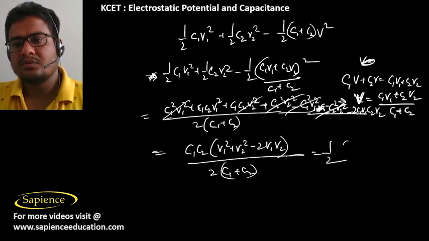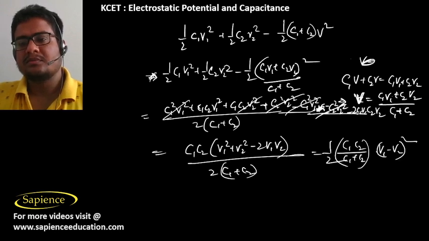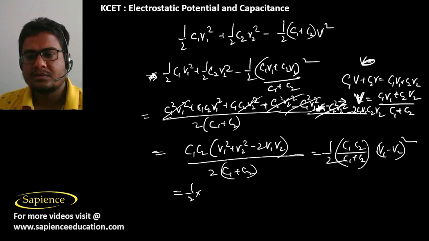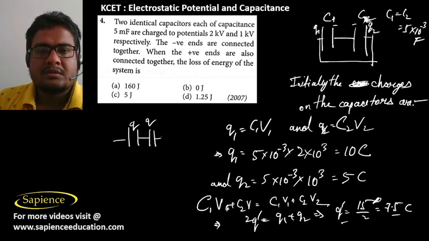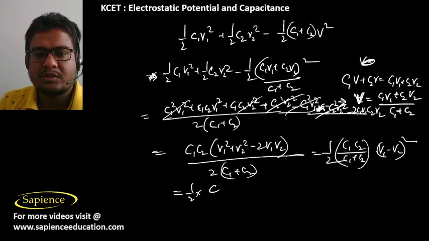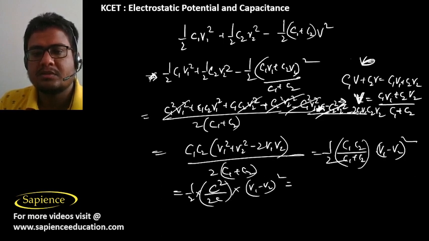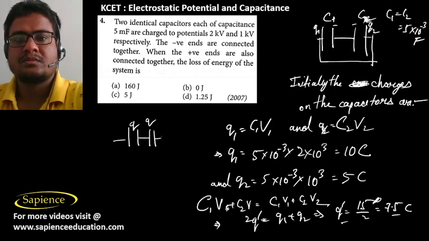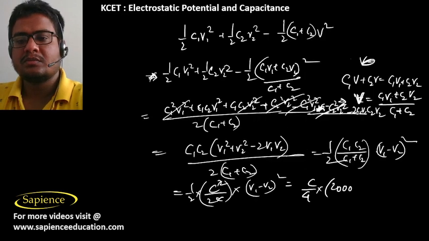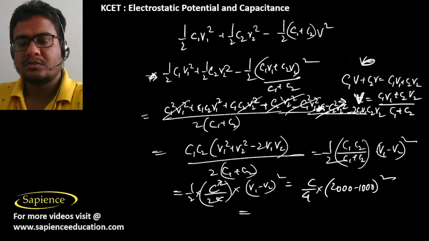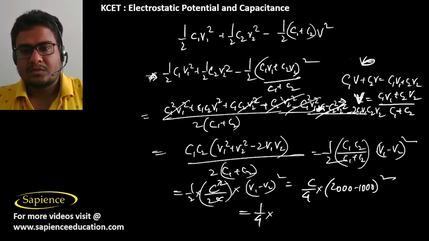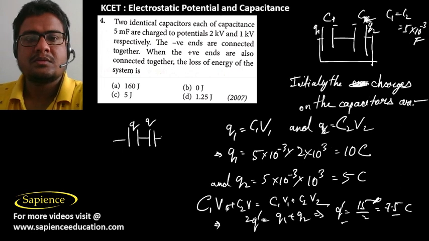This will be half into C1 C2 by C1 plus C2 into V1 minus V2 square. Both are the same, so this will be C square by 2C into V1 minus V2 square. These C and C will cancel, so it is C by 4 into V1 minus V2 square. This will be 2 kilovolts, so 2000 minus 1000, and C is equal to 5 millifarad.